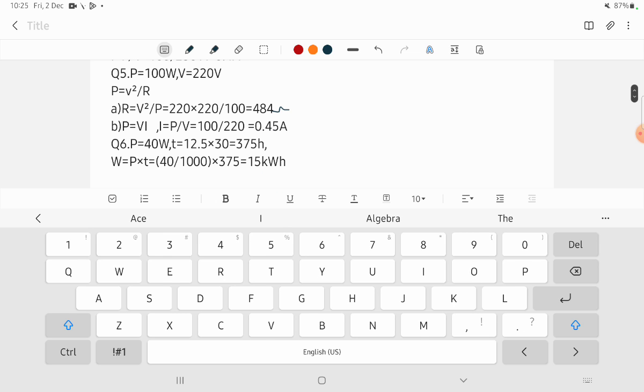Next, question number 7. An electric press is rated 750 watt, 230 volt. Calculate the electrical energy consumed by the press in 16 hours.